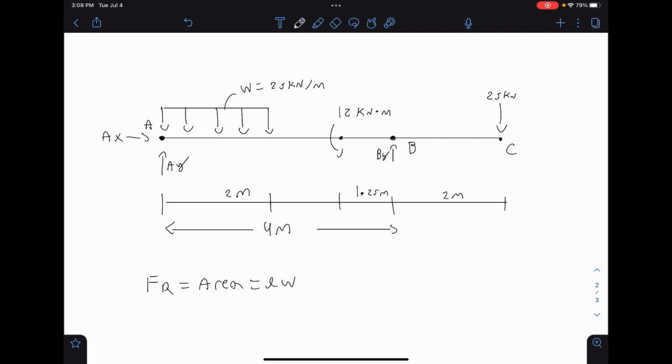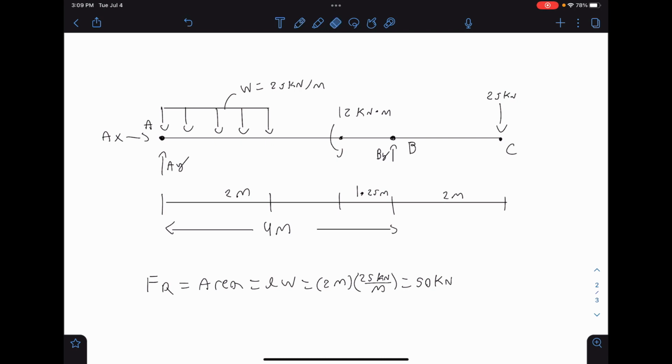So the length is 2 meters multiplied by the width here, or you can say height, is 25 kilonewtons per meter. Meters cancel there. We have 2 times 25, and that's 50, and we get 50 kilonewtons as our force resultant.